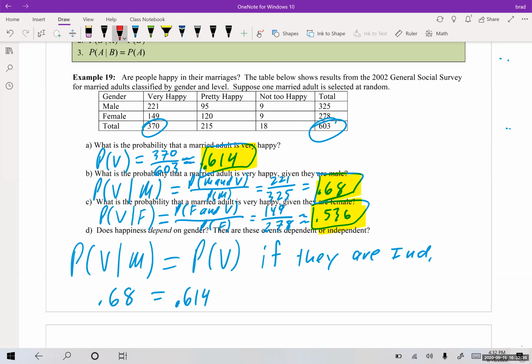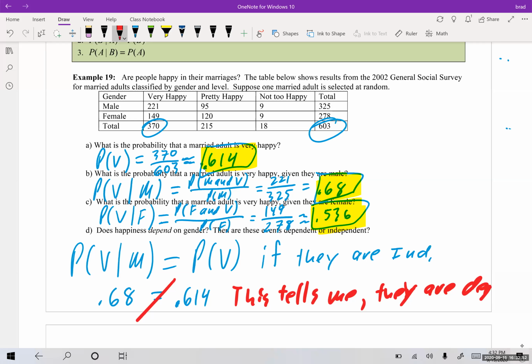But because these are not equal, this tells me they are dependent events, right? So this means that yes, happiness depends on gender. It does appear so because whether you're male or female basically changes the probability of if you're happy or not.